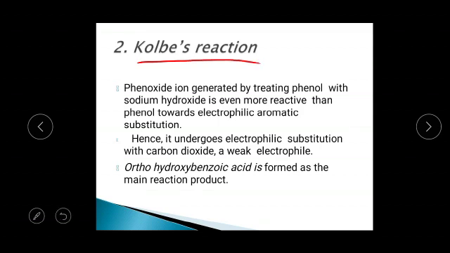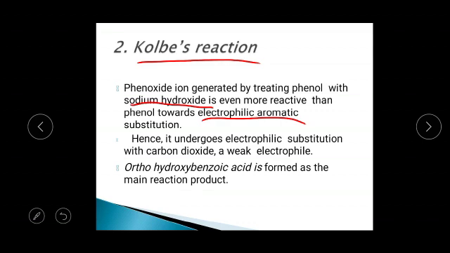Then the next important naming reaction is Kolbe's reaction. In this reaction, phenoxide ion is generated by treating phenol with sodium hydroxide, giving sodium phenoxide.